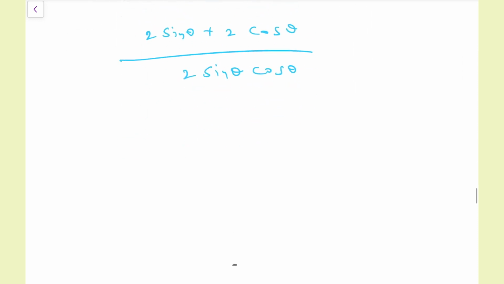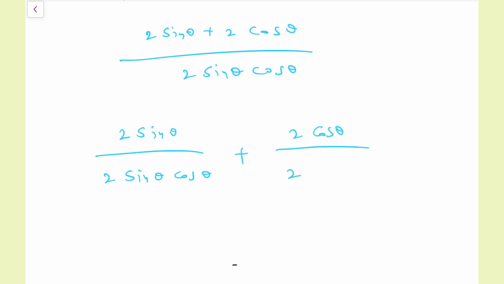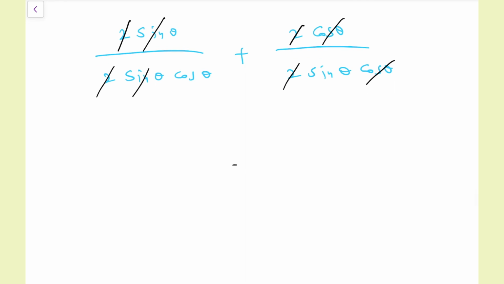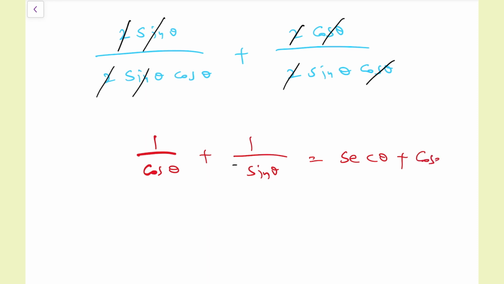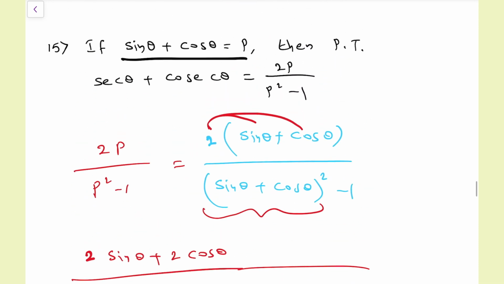Now let us separate it. 2 sin theta divided by 2 sin theta cos theta plus 2 cos theta divided by 2 sin theta cos theta. 2 cancels, sin theta cancels, 2 cancels, cos theta cancels. Then we remain with 1 by cos theta plus 1 by sin theta. 1 by cos theta is secant theta, plus 1 by sin theta is cosec theta. This is what we require: secant theta plus cosec theta.